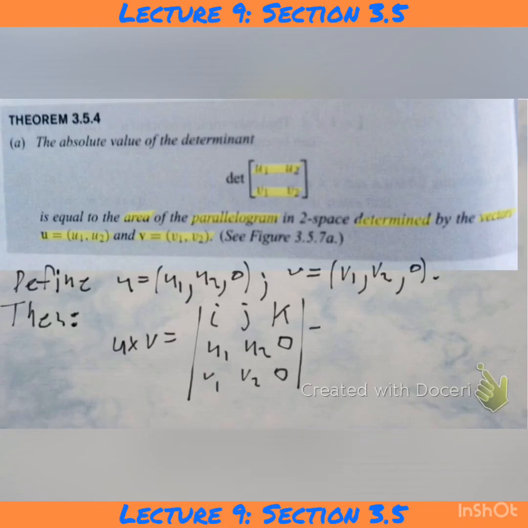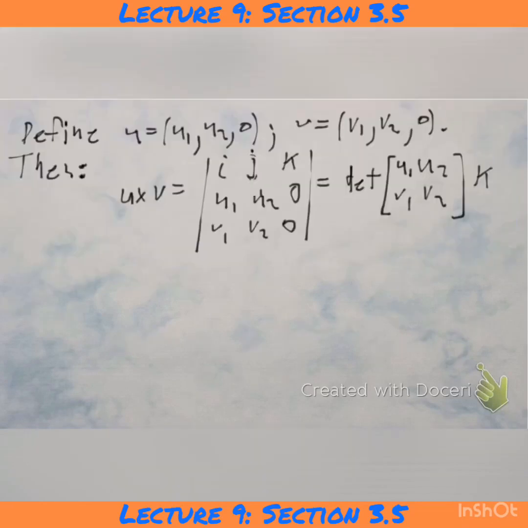And if we work that determinant out, it is basically going to be the determinant of a 2 by 2 matrix, the matrix u1, u2, v1, v2. And that's going to be a scalar, and you're going to look at the scalar multiple of that vector.